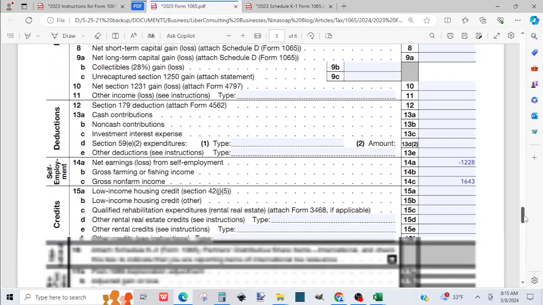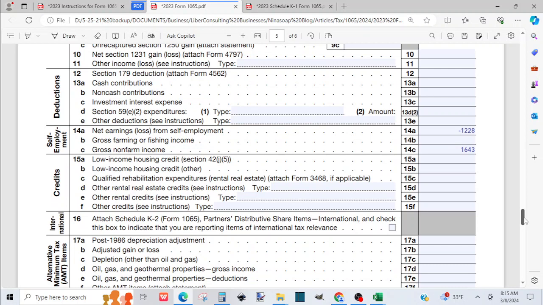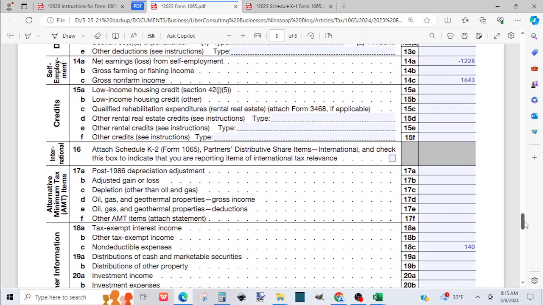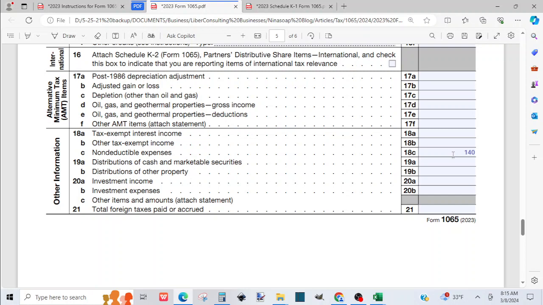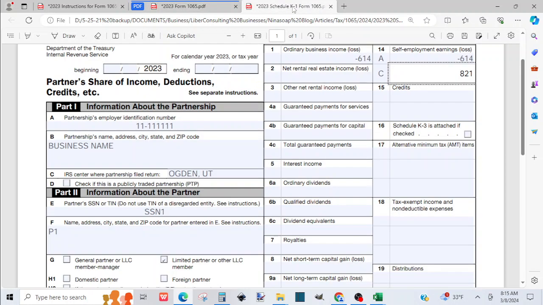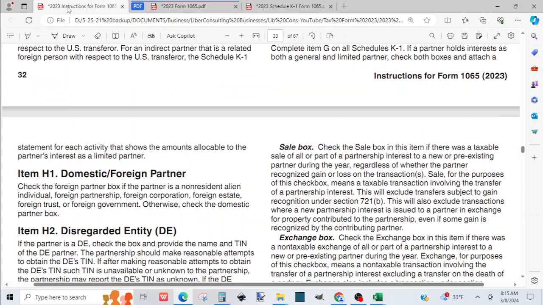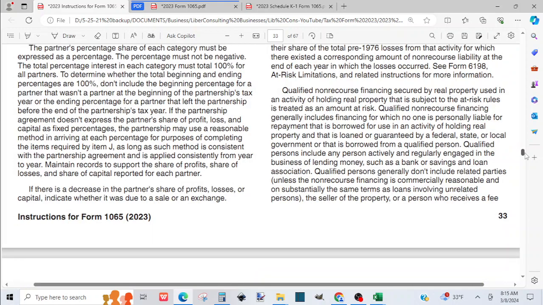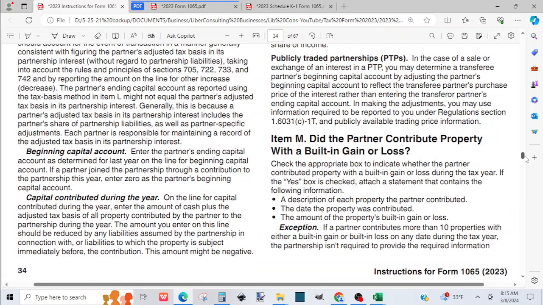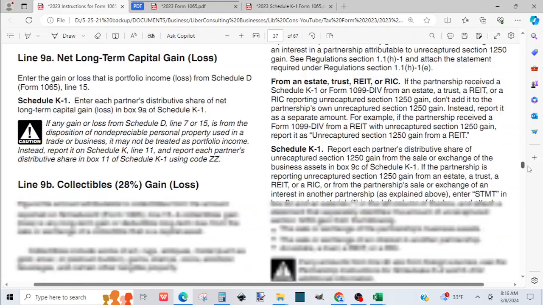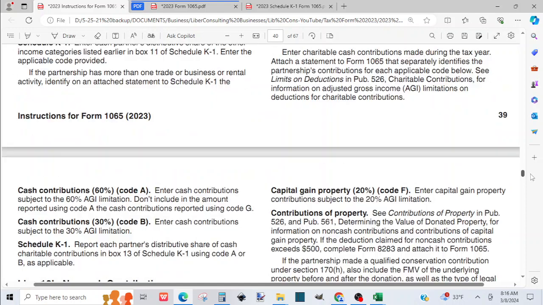Line 18C, that'll be 70, right? So line 18C, 70. So we need to go find the code for that one, and brace yourself, I'm going to scroll a little bit fast.